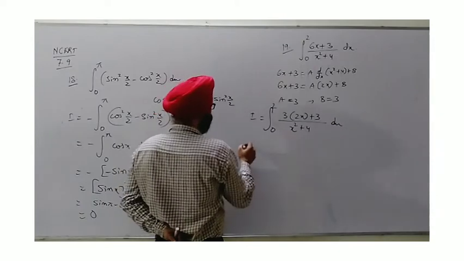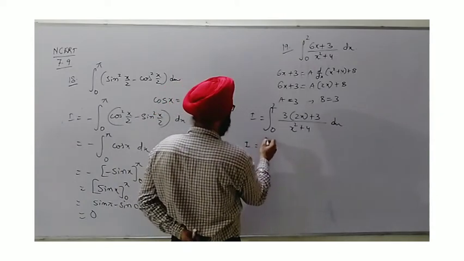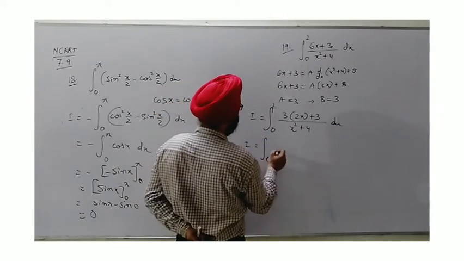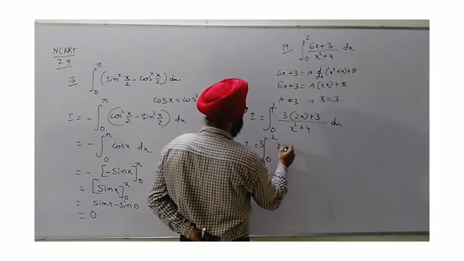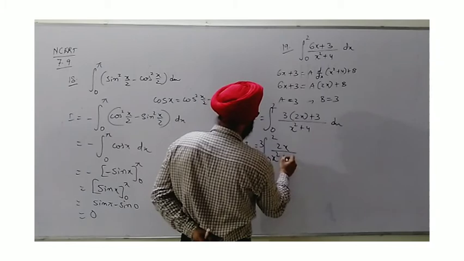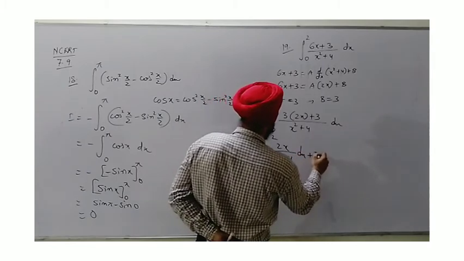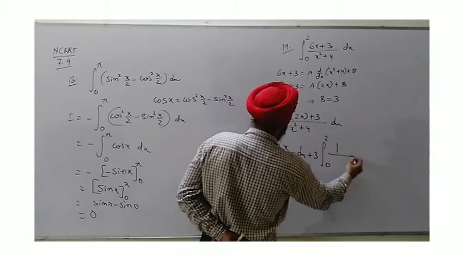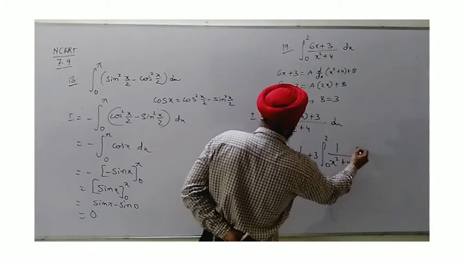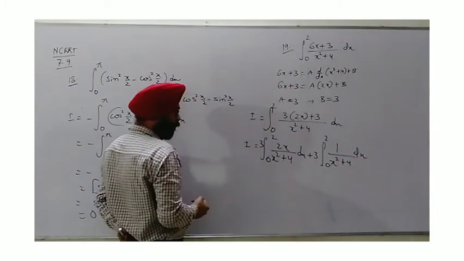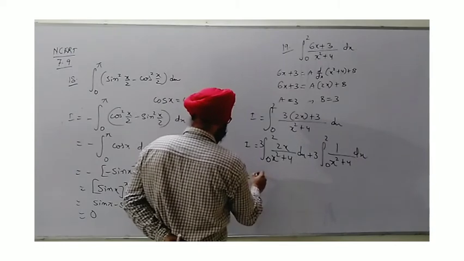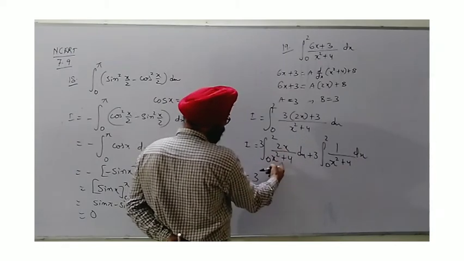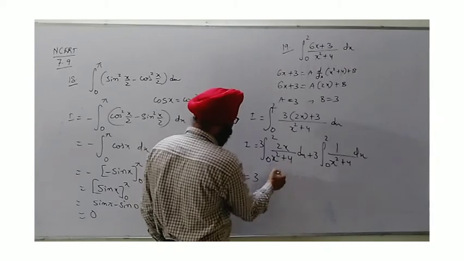Then we can separate it as integral from 0 to 2 of 3 into 2x upon x square plus 4 dx plus thrice integral from 0 to 2 of 1 upon x square plus 4 dx. Here we see, as we know, 2x is the differentiation of x square plus 4 only.